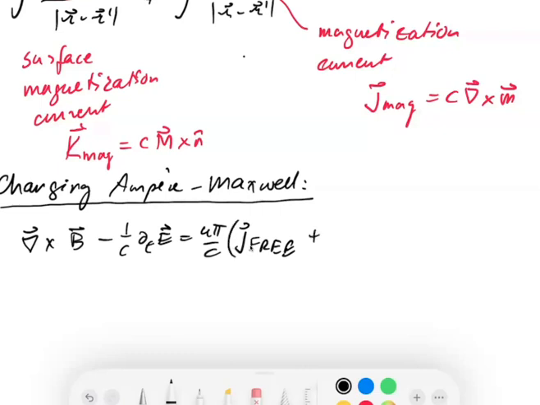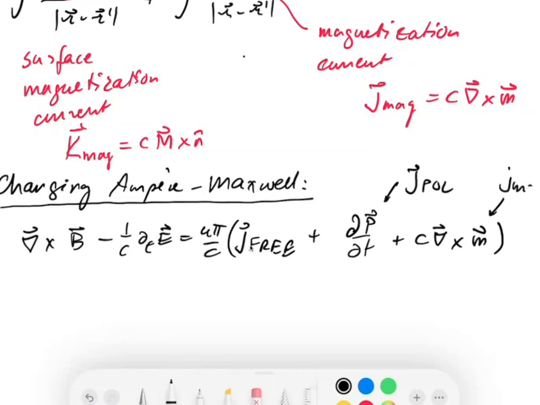Okay, plus, there's a del P del t because that's the polarization current. And then plus this magnetization current, right? So we need to consider all of them currents. That's J mag, that's polarization current, okay?